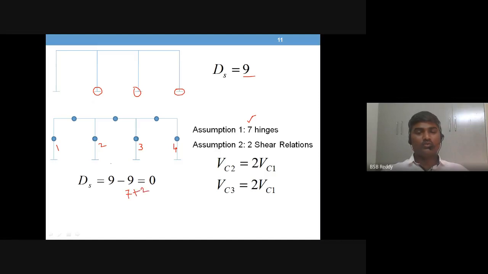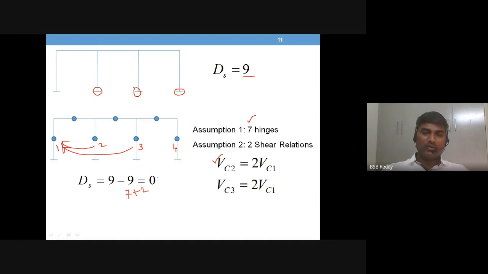What are those 2? There are now 2 interior columns. So shear in column 2 is equal to 2 times shear in column 1. So relate 1 and 2. Then relate 3 and 1. So column 3 shear is equal to 2 times column 1.